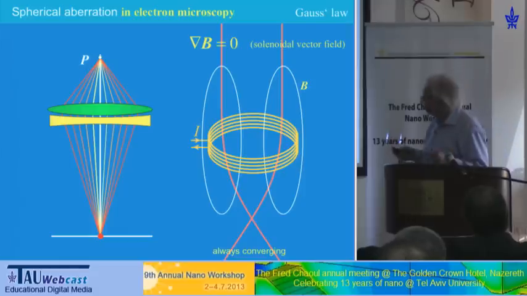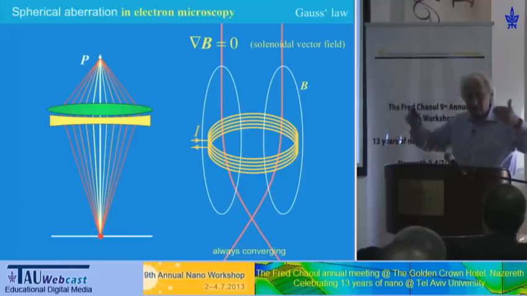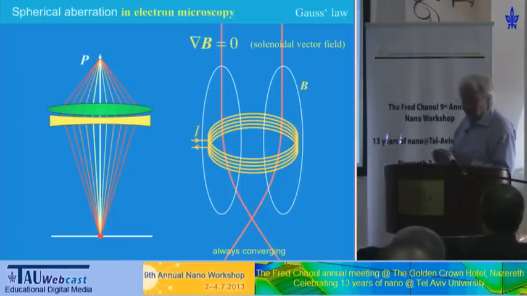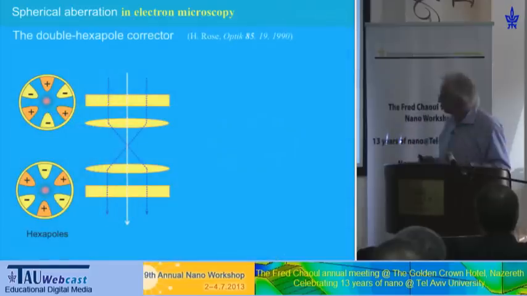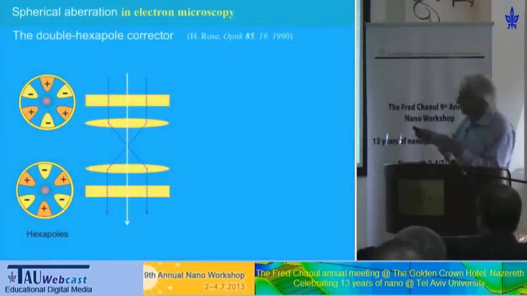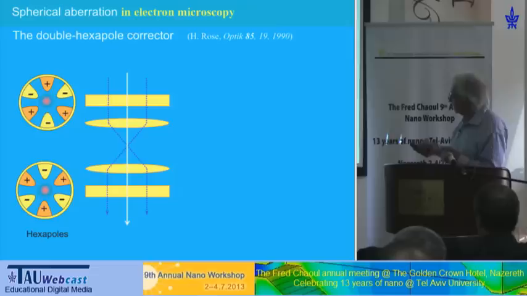So we could show in the 90s, that means 70 years after the invention of the electron microscope, that you can nevertheless build something which is the equivalent of a diverging lens. We exploit for this a second order effect of multipole lenses, in this case hexapole lenses.